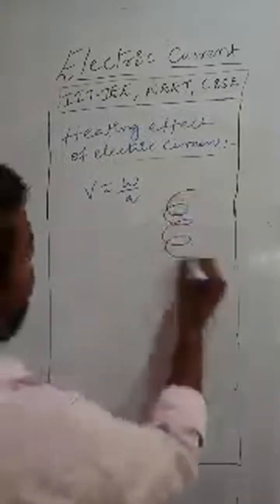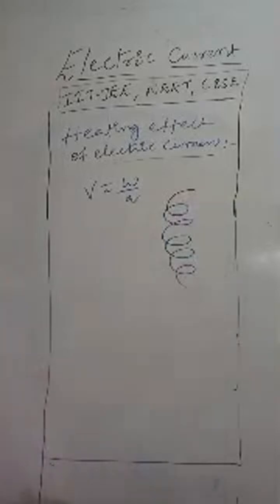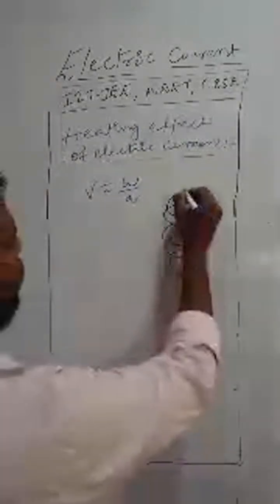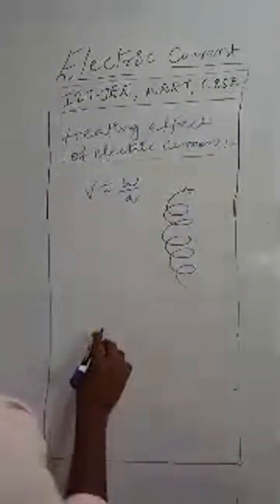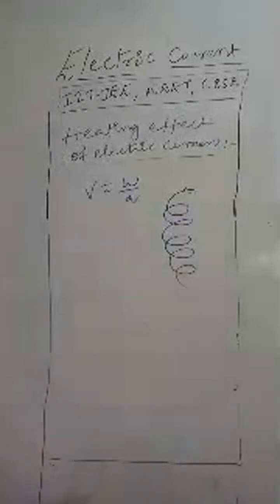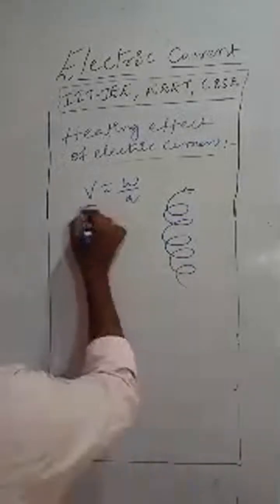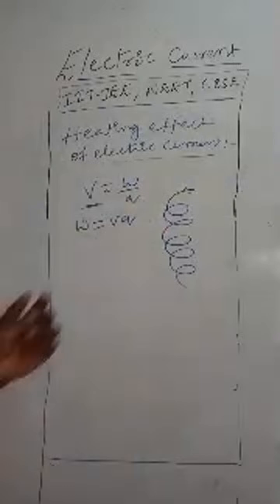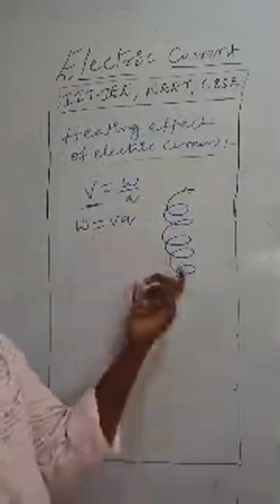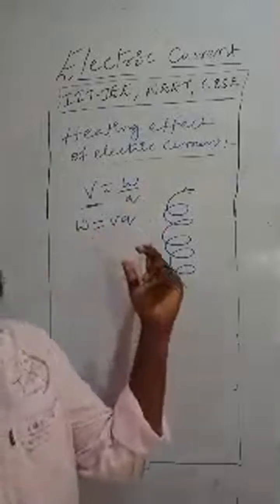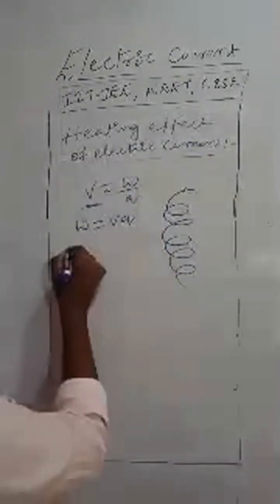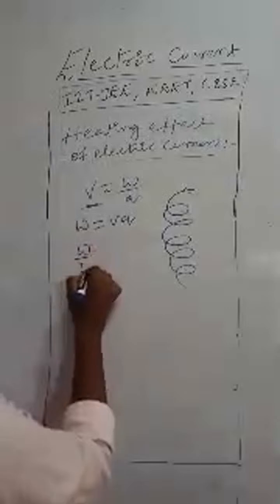So we'll get heat. Current is passing through this coil. The current is nothing but charge passing through it. We know potential difference equals work done per charge. So how much work are we doing at a certain time?